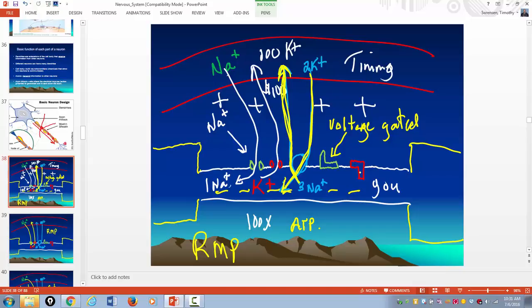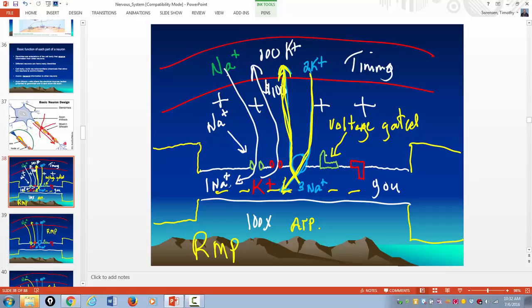Now, think about this. These ion leak channels leak, right? If you got a leak in your basement, a little water comes in, okay, no big deal. But if the wall starts tumbling down, water will flood in. So when you open up voltage gated channels, that's what causes the ions to either flood in or out depending on which voltage gated channel is open.